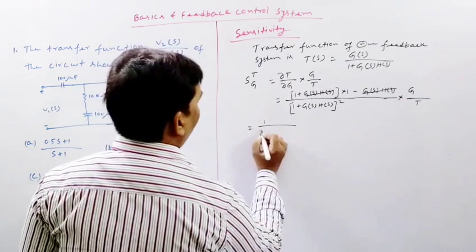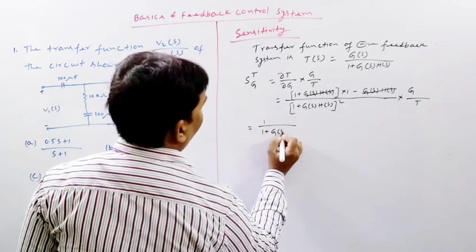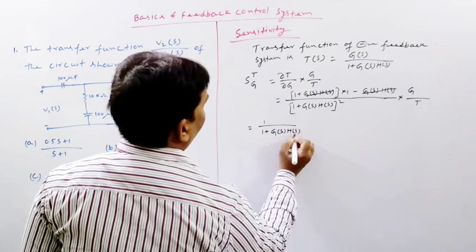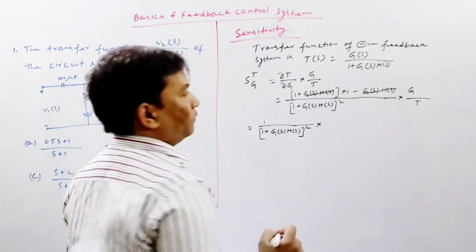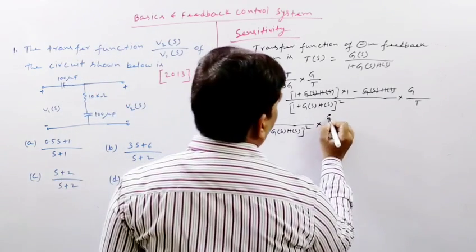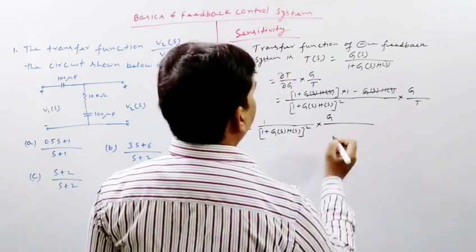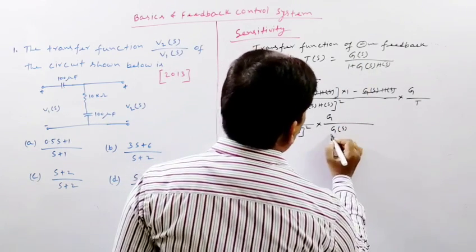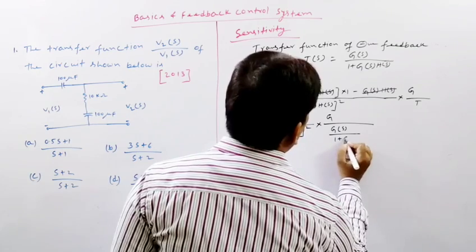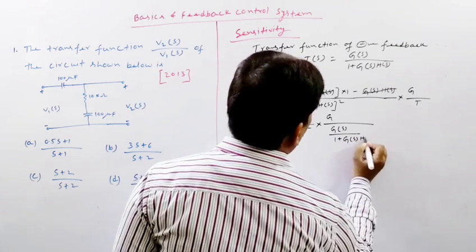So now we are having (1 + G(s)H(s)) whole square, multiplied by G divided by T, and T is again G(s) by 1 + G(s)H(s).